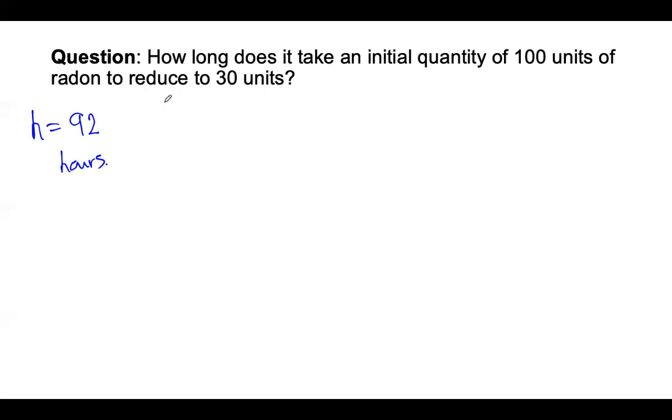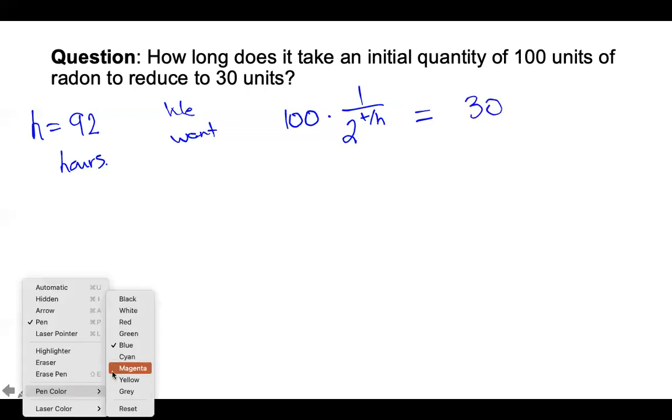So we want 100 units times this factor that reduces it down, 1/2 to the exponent T over H, is equal to 30. Let's color code it.